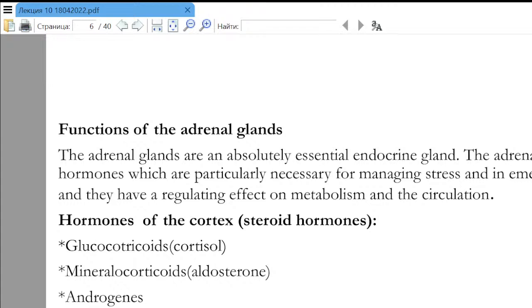Hormones of the cortex, steroid hormones: glucocorticoids, mineralocorticoids, androgens. Hormones of the medulla, catecholamines: adrenaline, noradrenaline.